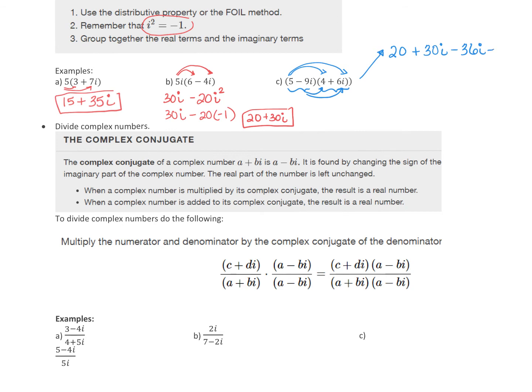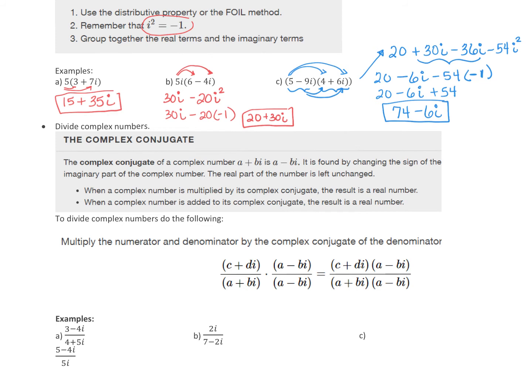And the lasts, minus 54i squared. So simplifying, we can add our like terms, negative 6i, replacing our i squared with negative 1 gives us 20 minus 6i plus 54, or 74 minus 6i.